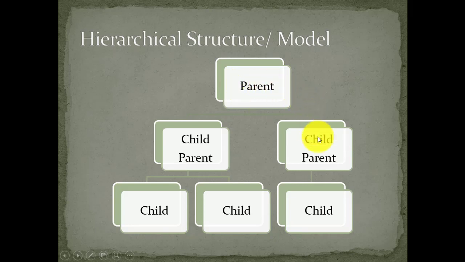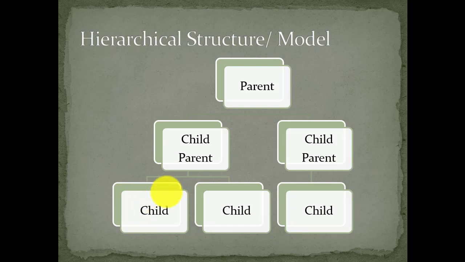Again, the request will be passed down to this particular child, and the request is received. This child will give that information in the same order, child to parent, parent to child, child to child. So the same path will be followed back for communicating that information.